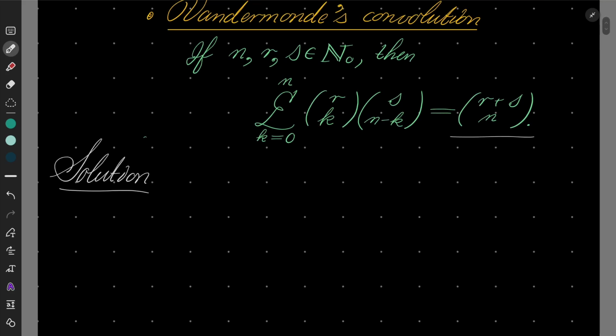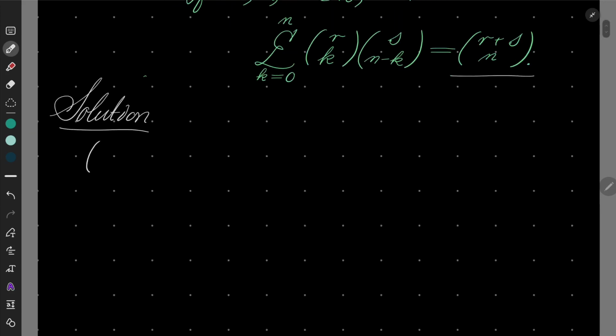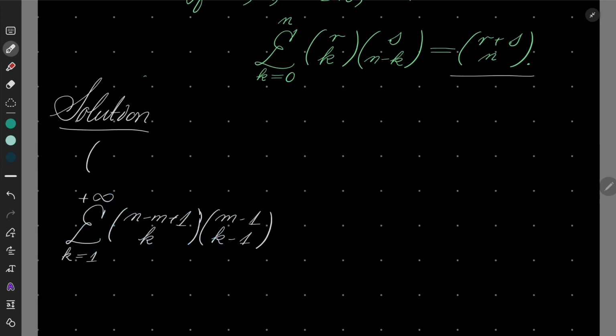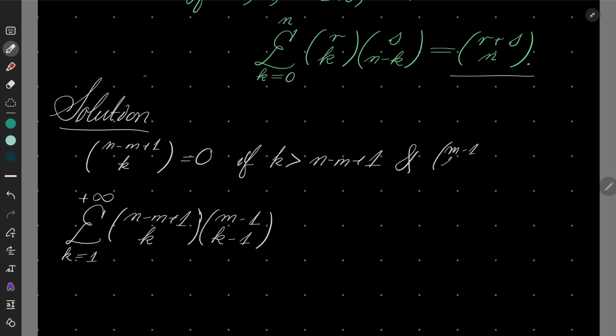Okay, so first of all, my solution will be as follows. Let's consider our sum. Notice that n minus m plus 1 choose k is 0 if k is greater than n minus m plus 1, and similarly, m minus 1 choose k minus 1 is also 0 if k is greater than m.